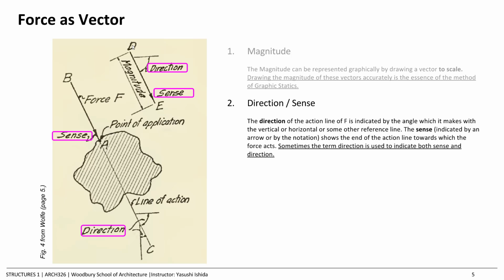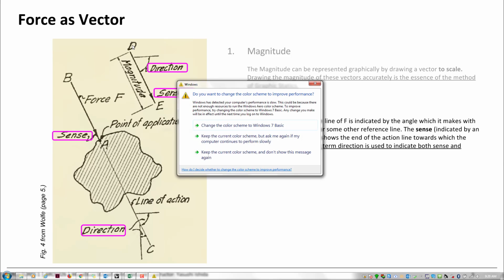Direction actually does not have an arrow tip. If I were to graphically represent direction, it could be a straight arrow with two arrowheads on start point and end point, because direction basically means this way. It doesn't necessarily mean only this way or that way. It could be either this way or that way along this line, right?